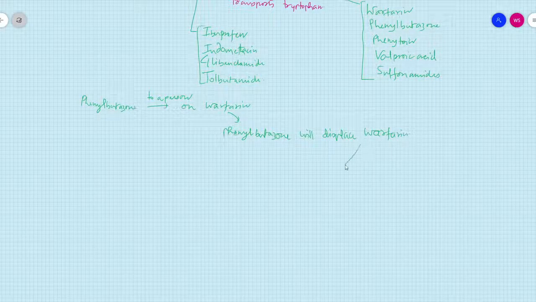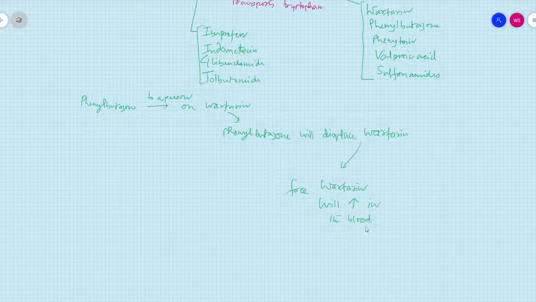So what's the consequence of that? Free warfarin will increase in the blood.